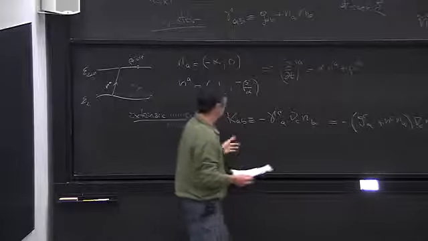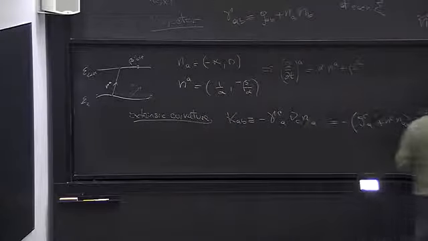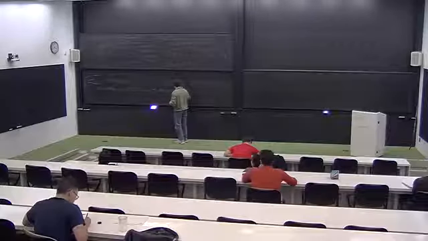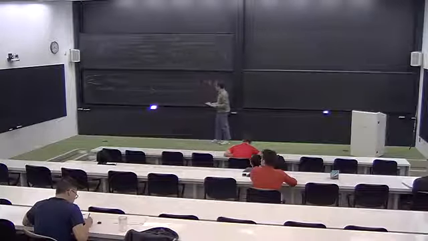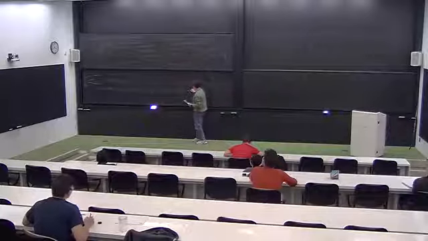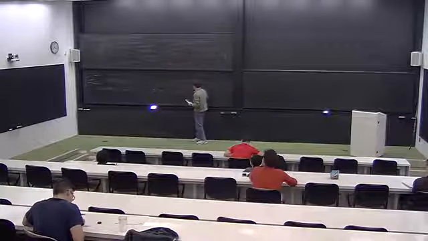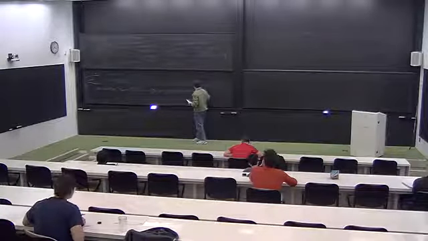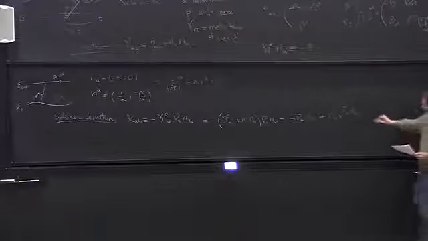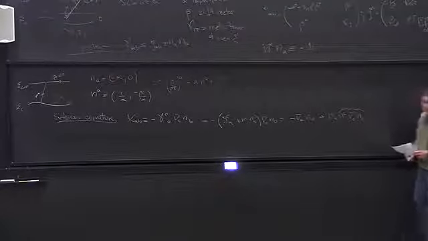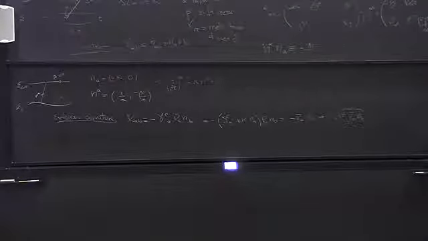So let's just do this. That is a simple one. So this will give me just back this one, and this will give me NA and C and B. And this is the acceleration of the vector n.